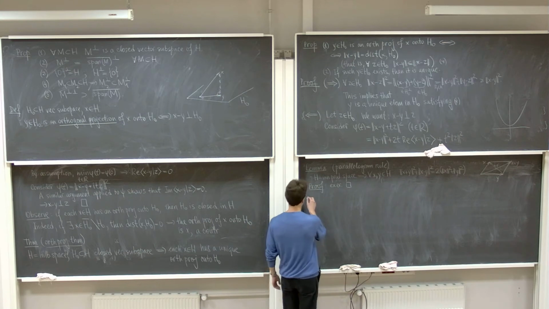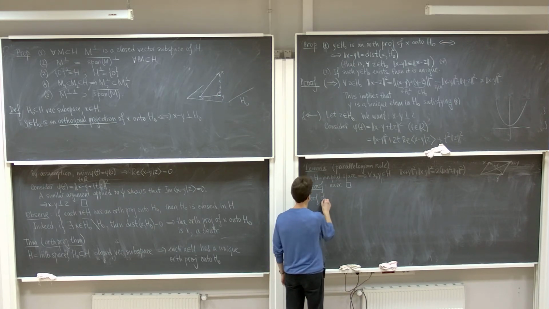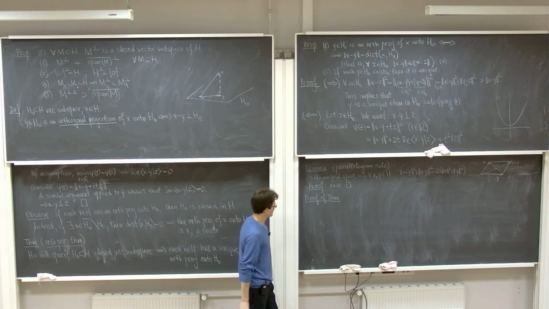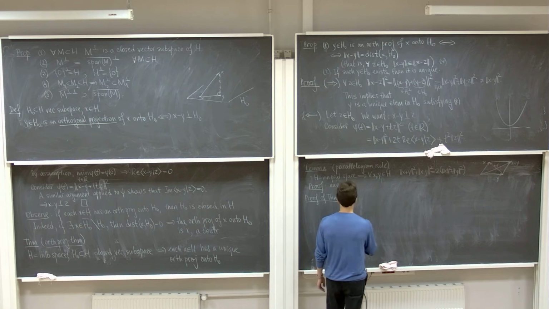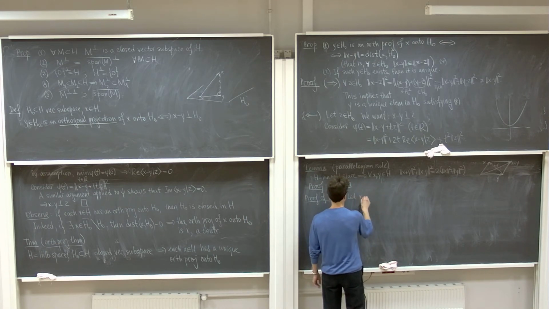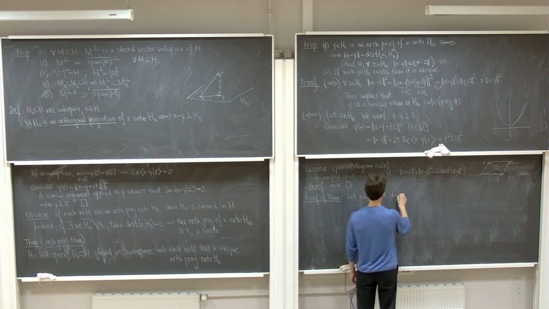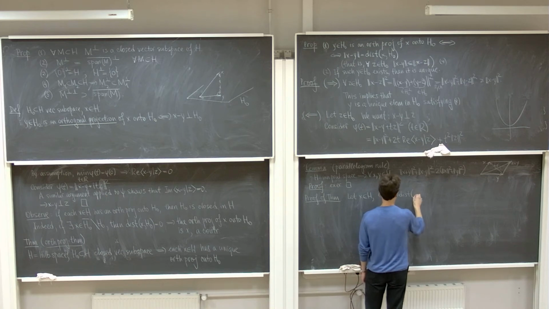Okay, let's now prove the orthogonal projection theorem. So let x be an element in H, and let little d denote the distance between x and H0.